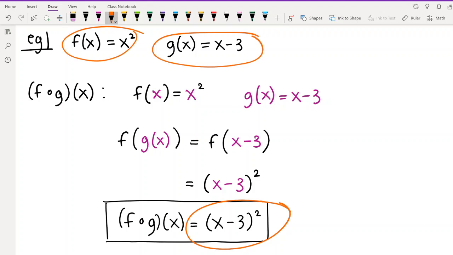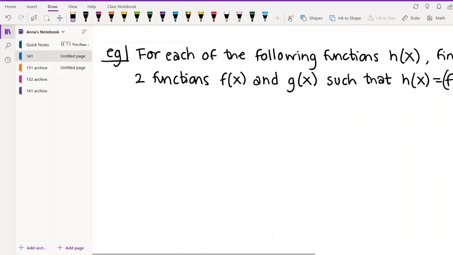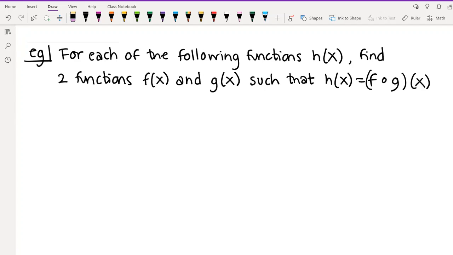So we're working backwards. And the nice thing about these working backwards problems is that you can always check your work. You can do guess and check, and I'll show you how that works. Okay, so for the first one, let's do the function h of x is equal to the square root of x squared minus 4.